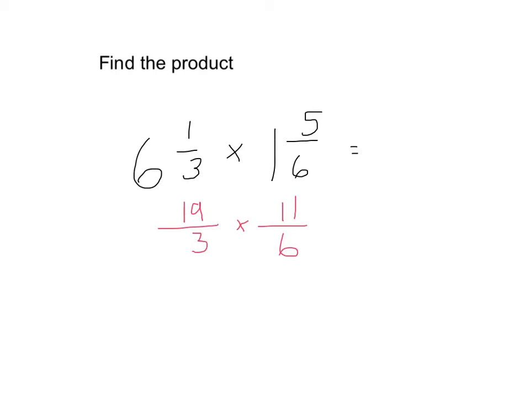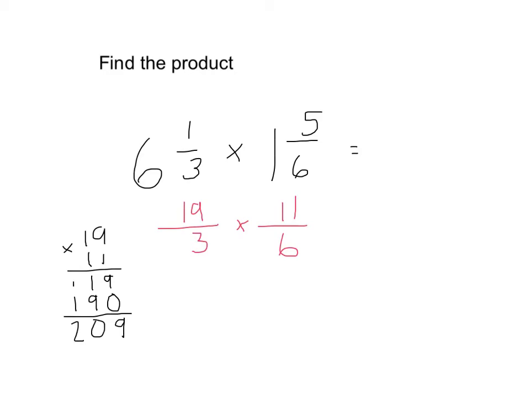So I'm going to go ahead, multiply across the top 19 times 11, and I'm going to do that on my paper here, and hopefully I write this out okay. 1 times 9 is 9, 1 times 1 is 1, add a 0, 1 times 9 is 9, 1 times 1 is 1. Going to go ahead and add these together.